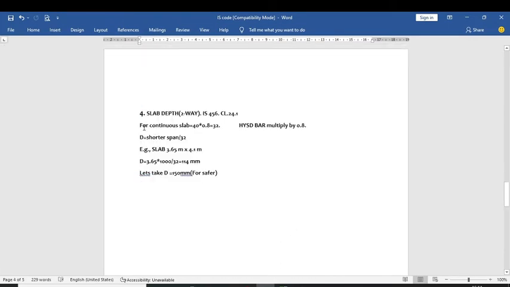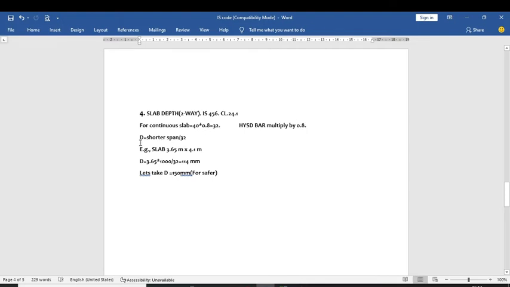Next, the slab depth, deciding the slab thickness in two way, as per IS 456 clause 24.1. For a continuous slab your coefficient comes around 32, which means for HYSD bar multiplied by 0.8, so it comes around 32 coefficient.